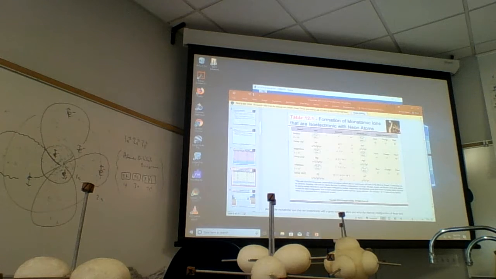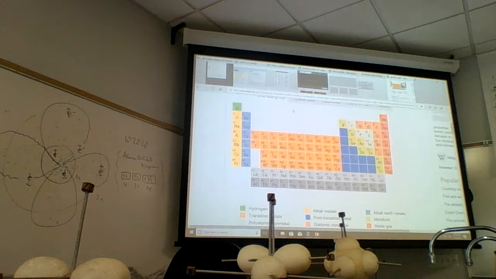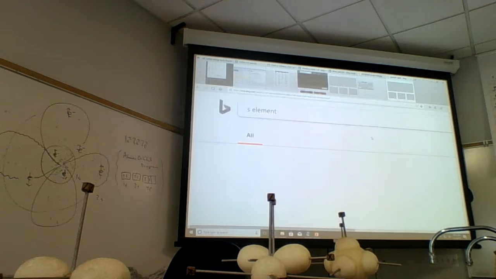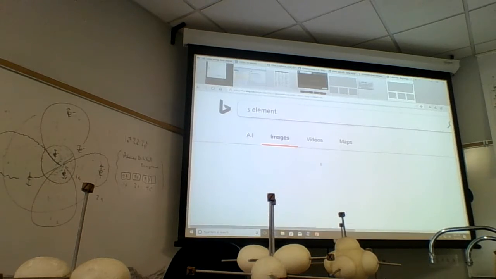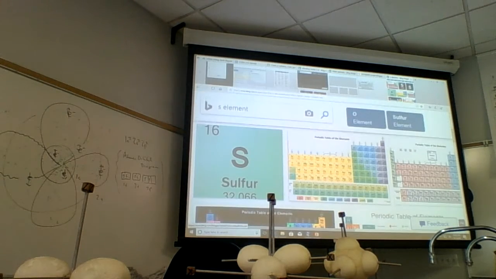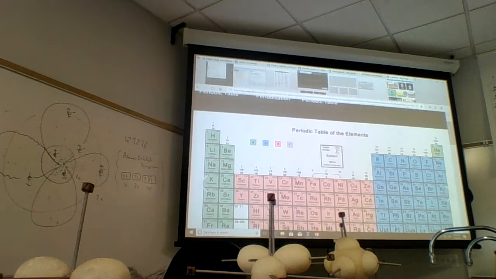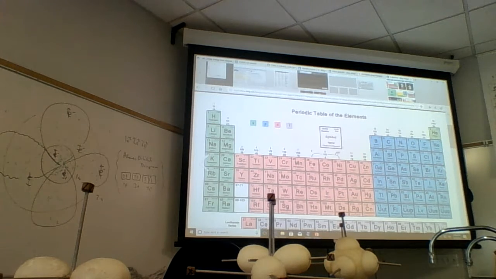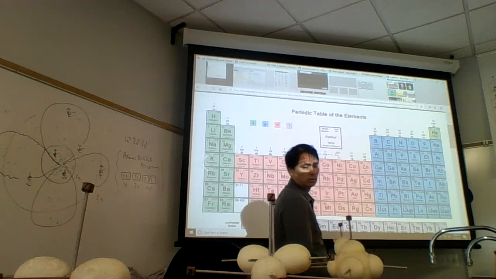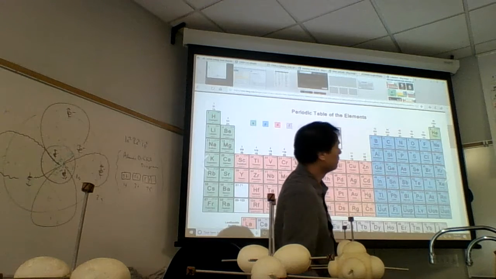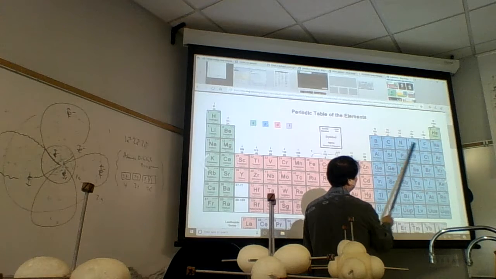Look at the periodic table, we can see. If we look at these, for example, neon, the goal here is the 10 electrons.